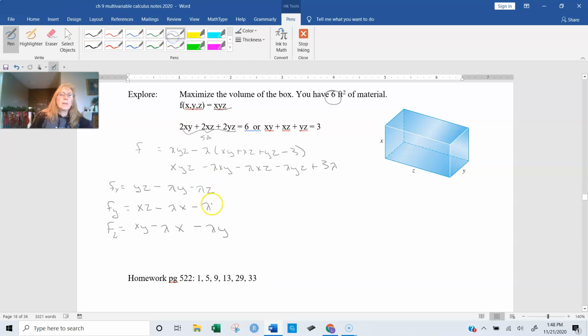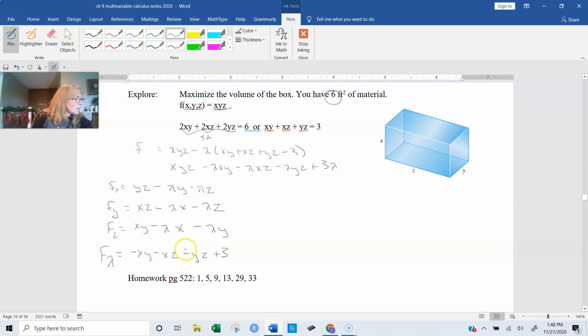Sorry about that. All right, we've got our 3 derivatives. Now we have to do our derivative with respect to lambda, which is going to be minus xy minus xz minus yz plus 3. Okay, everything should be going good.